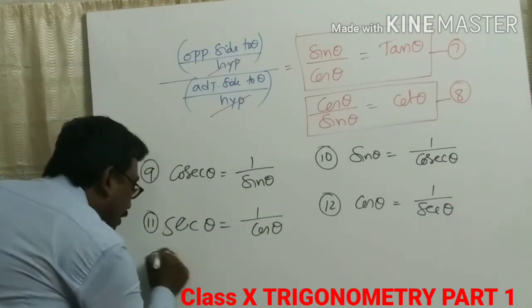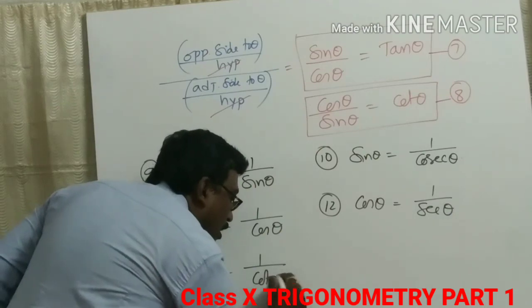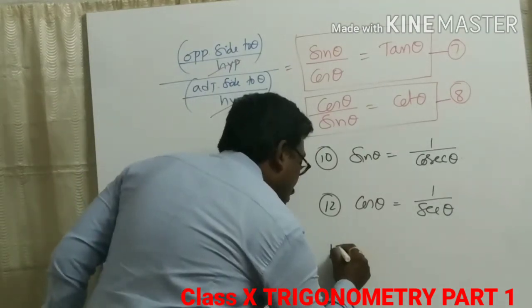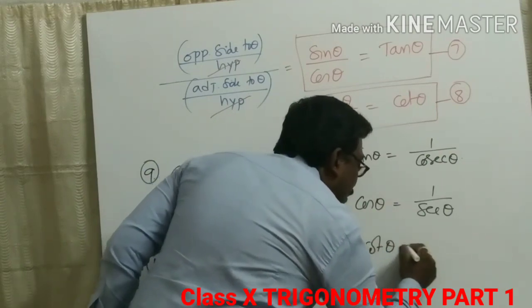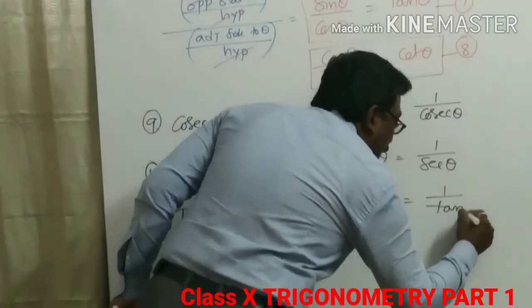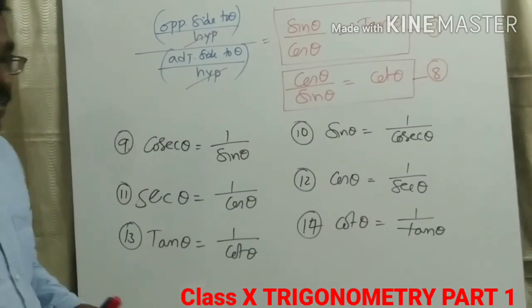Next one, tan theta is equal to 1 by cot theta, and cot theta is equal to 1 by tan theta.